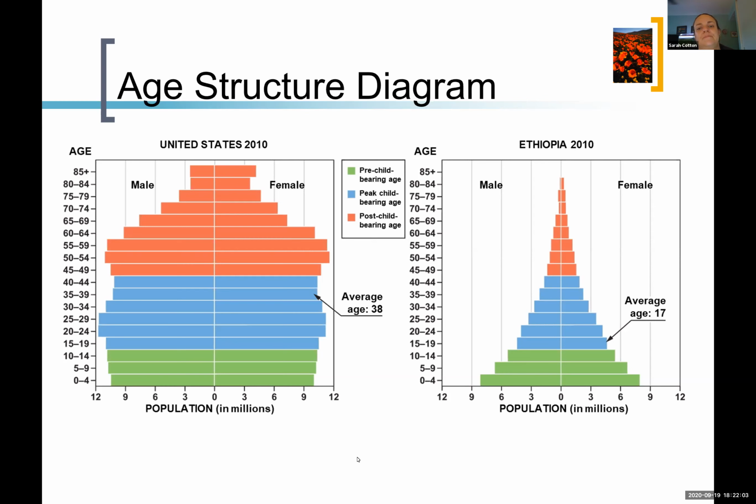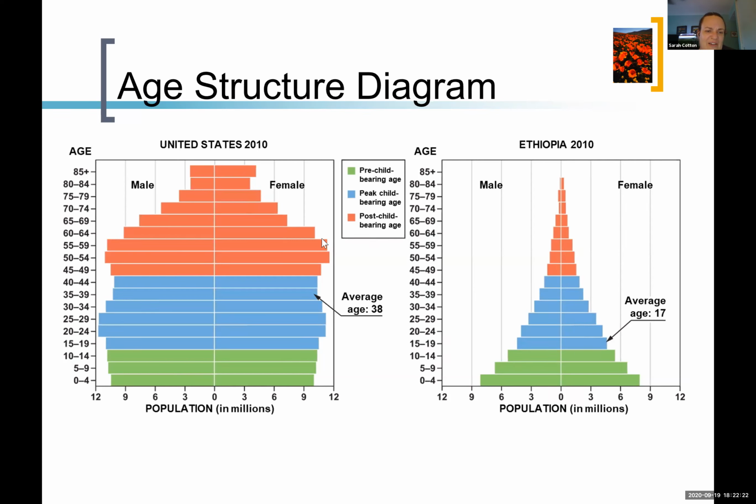All right. Over here, we have a different country that we can look at their age structure. It's set up the same way, but you'll notice the shape of the age structure diagram is very different.